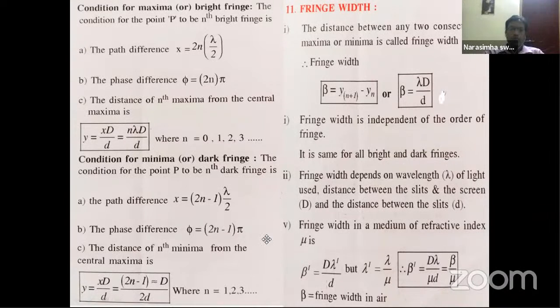So now moving to fringe width. This is very, very important. What is fringe width? Look at this diagram.